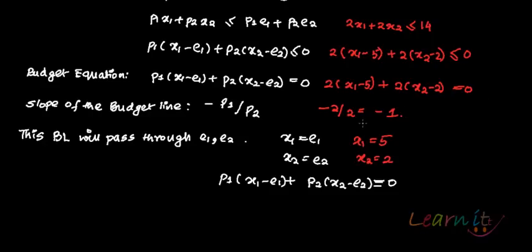So this budget line will always pass through the endowment. The reason is that endowments are always just affordable.